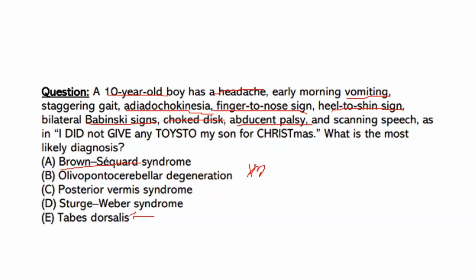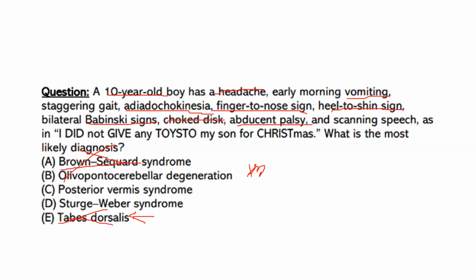Tabes dorsalis is more related to syphilis, so you wouldn't expect that. Because they have multiple cerebellar signs, you're expecting something to do with the cerebellum, and so you can rule out Brown-Séquard and Tabes dorsalis that way.